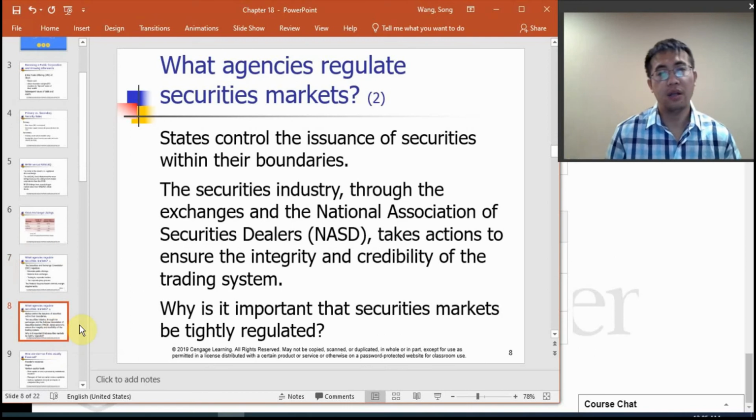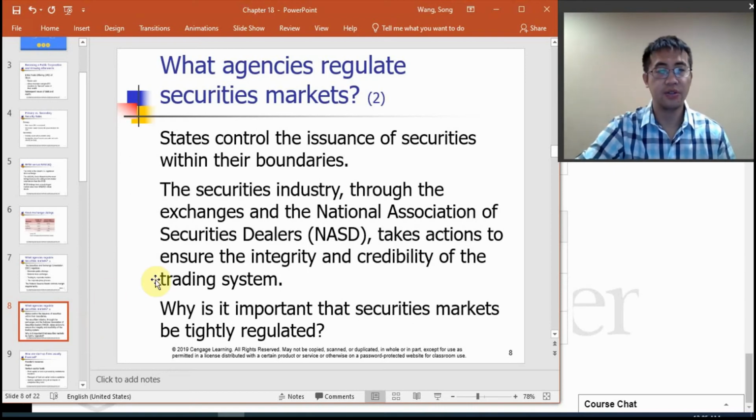All right, and also the states control the issuance of securities within their boundaries. So the local governments control their own companies within their borders. And we also have the National Association of Securities Dealers, who take actions to ensure the integrity and credibility of the trading system.